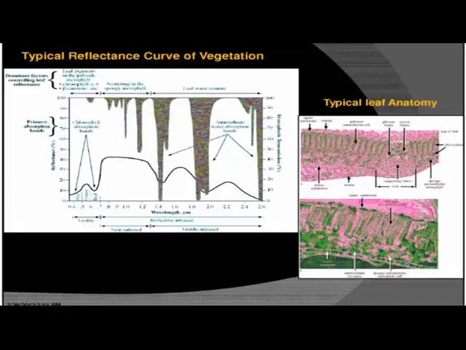So any pigment quantification you want to do can be done with hyperspectral in this range 0.4 to 0.7. When you go from 0.7 to 1.4, that is the near infrared range, it is again more because of high scattering, because of spongy mesophyll cells, and also high internal reflection.